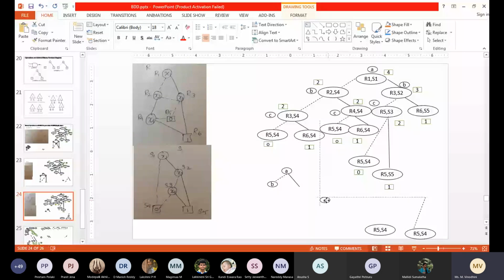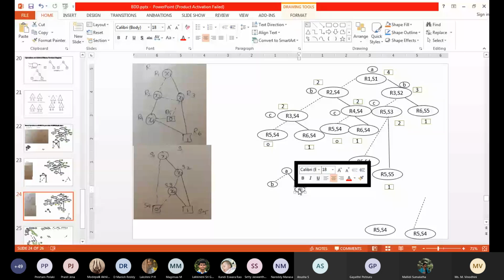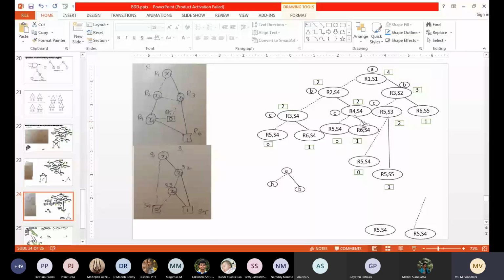And when it is 1, this B. See this B, when it is 1, it is going to 1. This is going to 1.